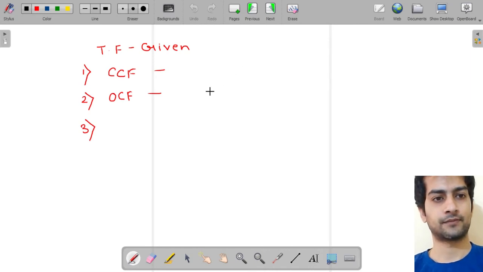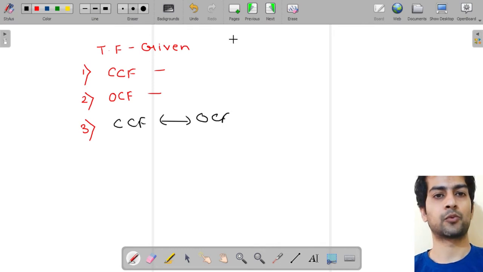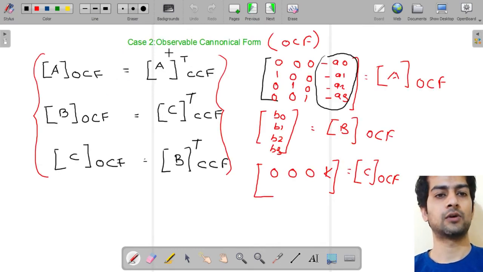Okay. So the third one is that CCF and OCF are interchangeable, provided you understand this concept.